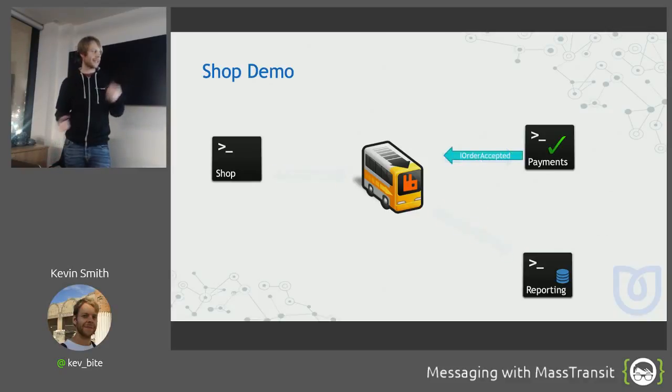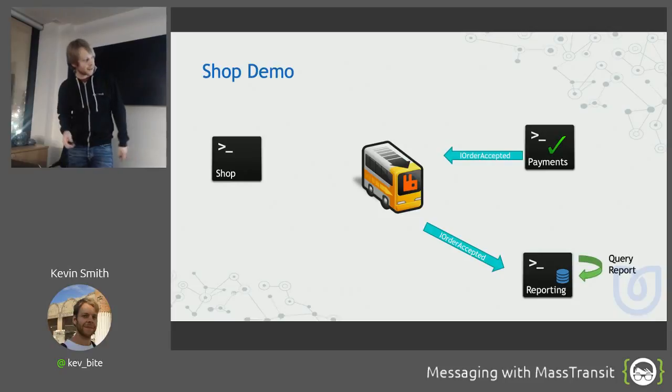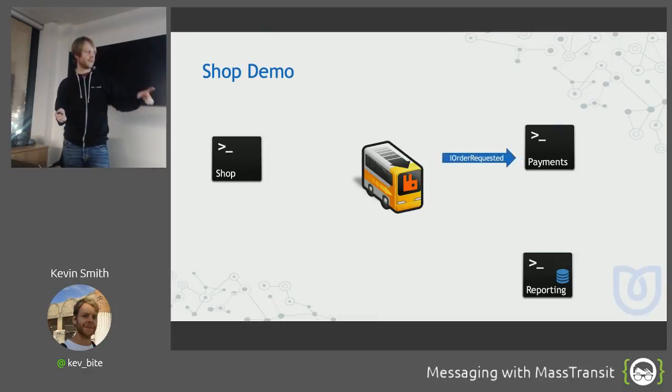That will report back saying the order's been accepted because the payment's been taken, and then the reporting service will subscribe to that and know that it has actually succeeded. And then also we'll be able to query the reporting service to see how much money's been taken.